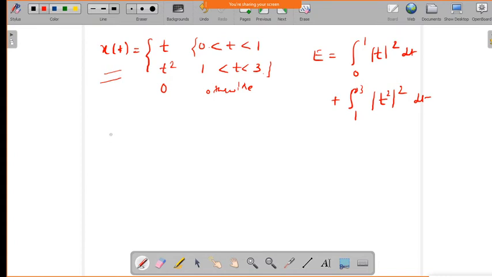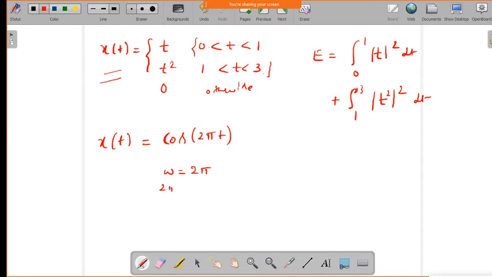If the signal is a periodic signal, which is x of t equal to something like cos of 2 pi t, you can find it out. Since it is periodic, what is omega? Omega equals 2 pi.